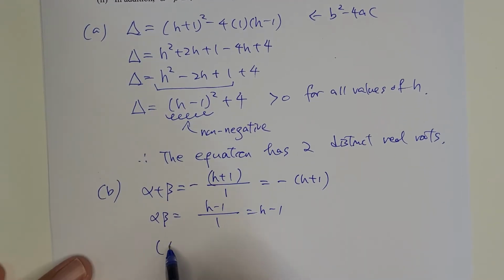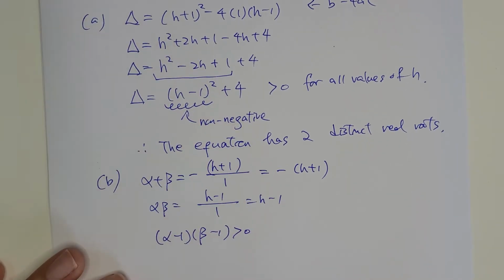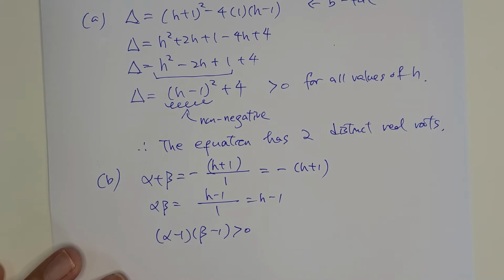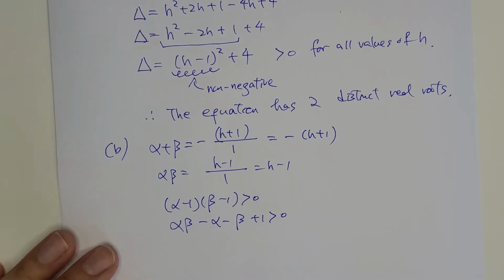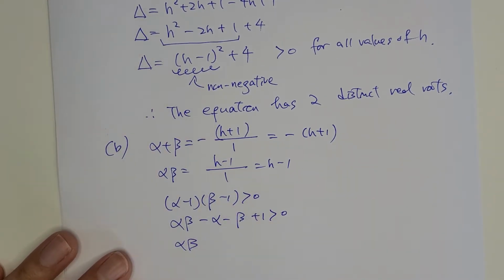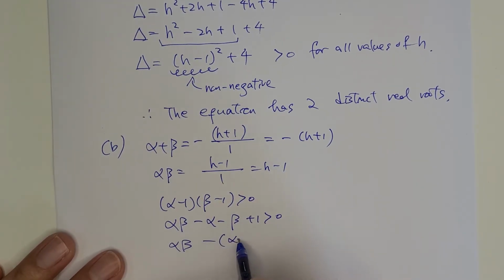And now, starting from the inequality, (alpha minus 1)(beta minus 1) greater than 0, therefore alpha times beta minus alpha minus beta plus 1 greater than 0. And next, alpha times beta minus (alpha plus beta) plus 1 greater than 0.